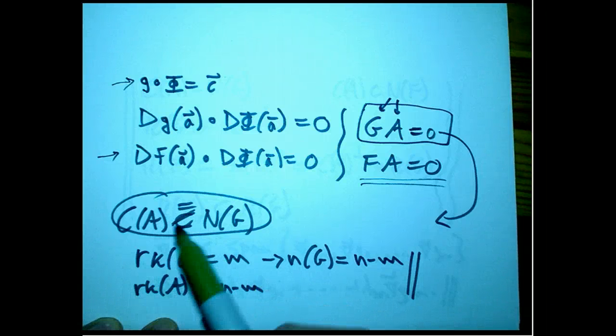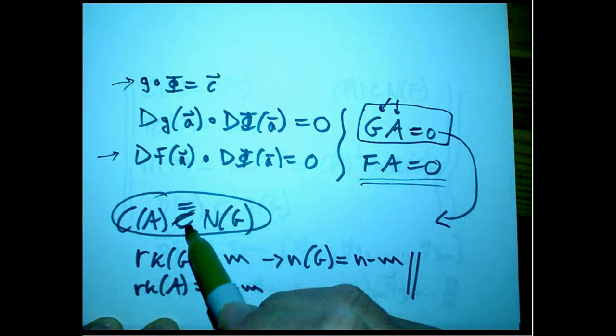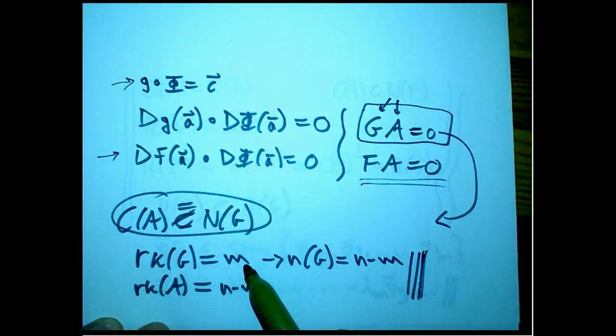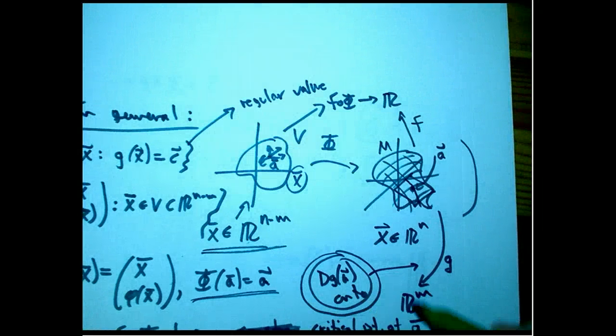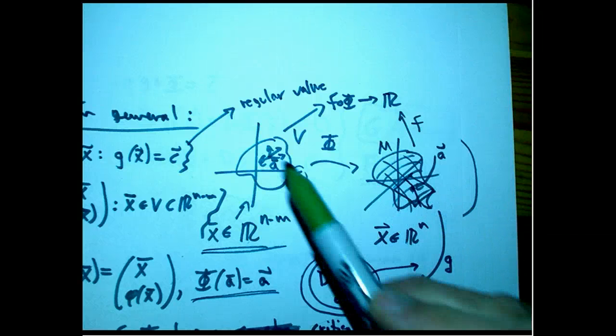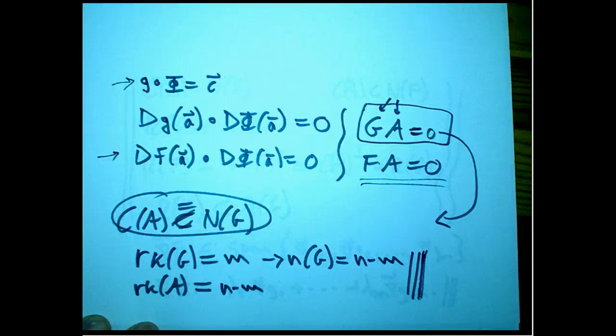I had some sound problems on a previous version. We usually would just know, from this, that this is a subset inclusion. But what do we know about the ranks? The rank of G is equal to m. It's onto. That was the whole reason why we could be sure that this setup works out nicely, that this is really a smooth object, that it has a smooth parameterization, that the g and the Phi fit together in the appropriate way.